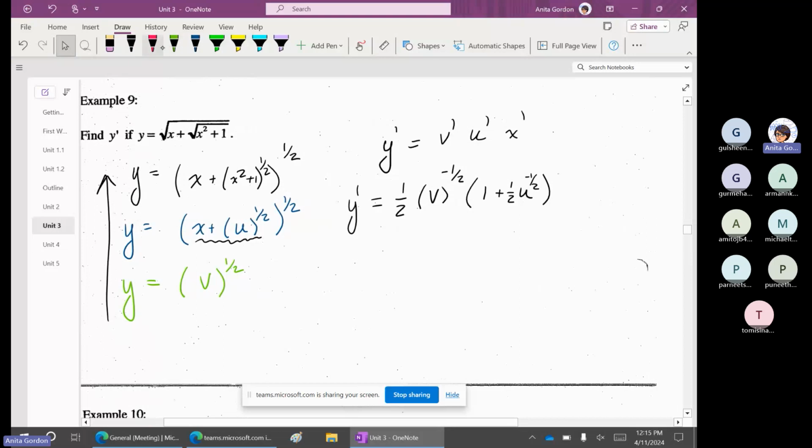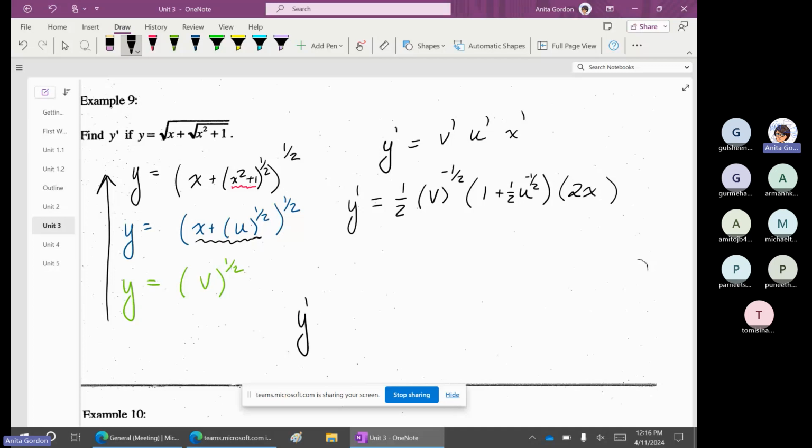Okay, and now I'm focused on just that piece there. What's that derivative? 2x. Okay, this is not, however, my final thing. Right now I have to substitute what v and u are in here.